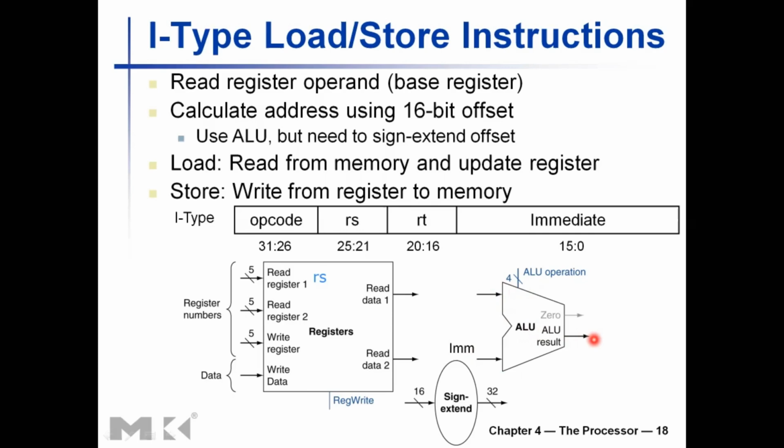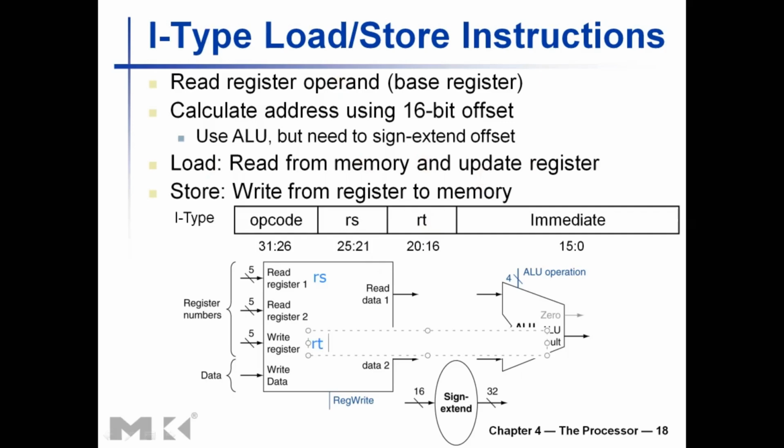Now here we are dealing with two types of instruction. One is load, one is store. In a load instruction, you are reading from memory and updating a register. So for a load instruction, the second register number RT is the destination register.